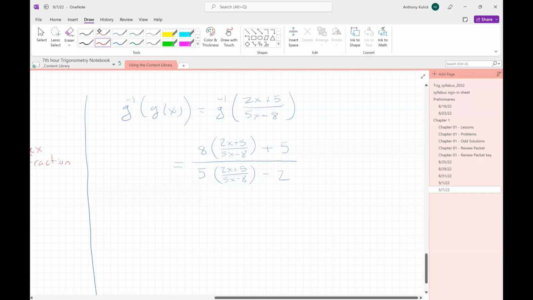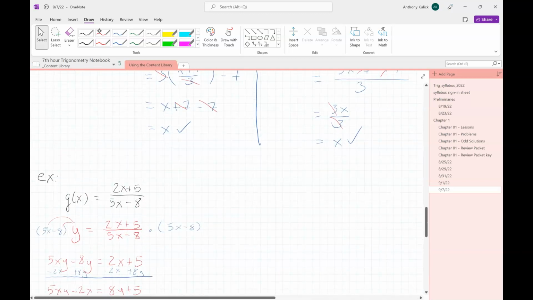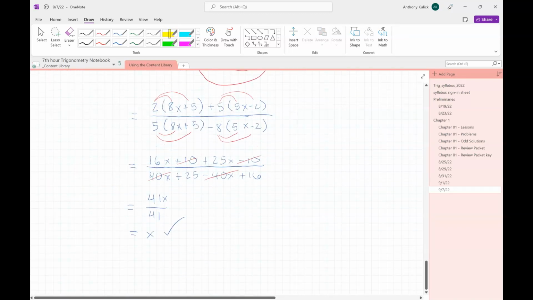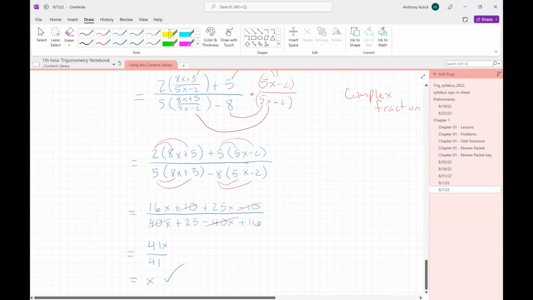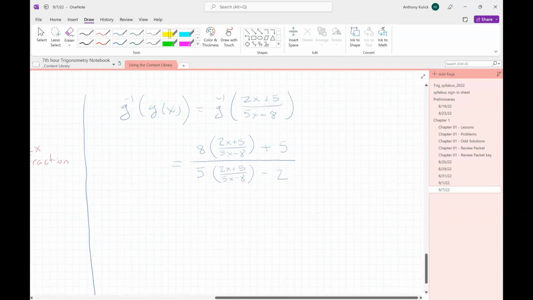That's g of x. That was the original problem. If you go all the way back up to here, that's what g of x was. Okay, come on, computer.